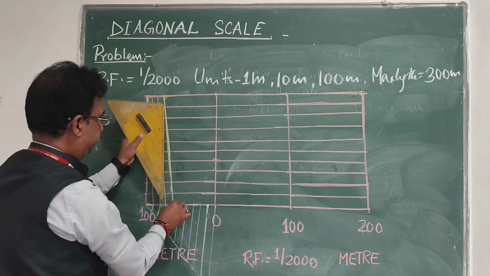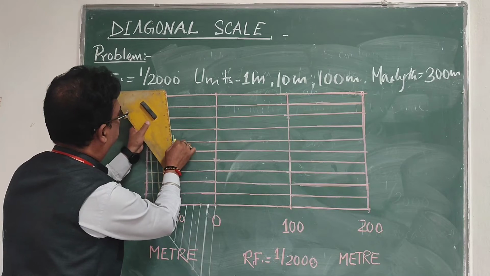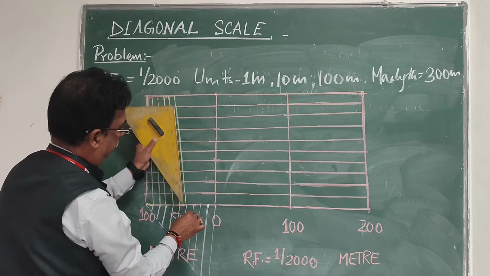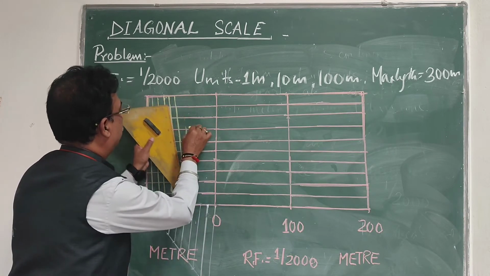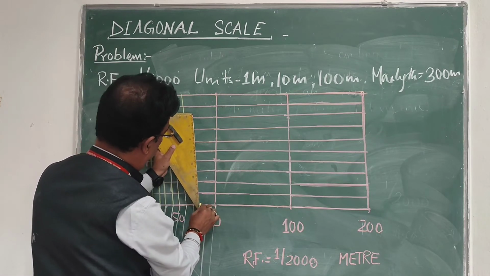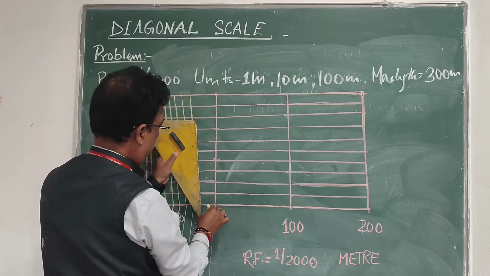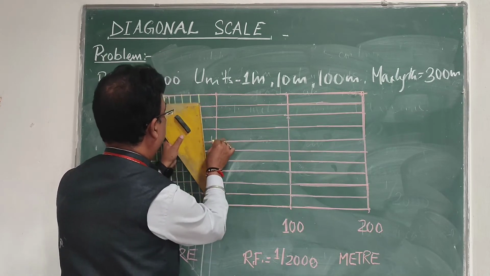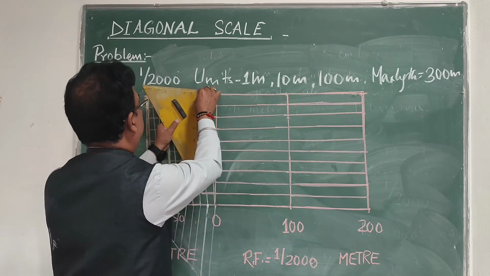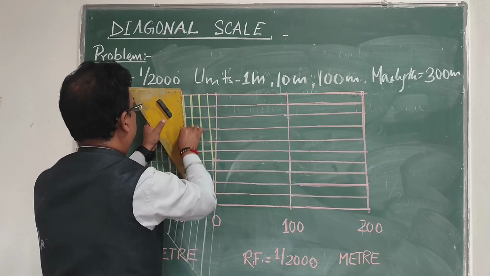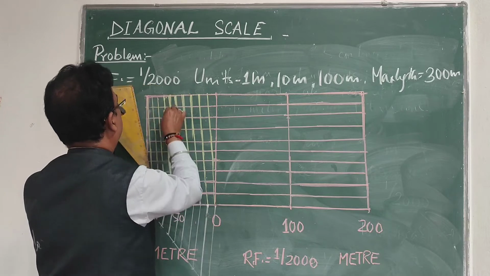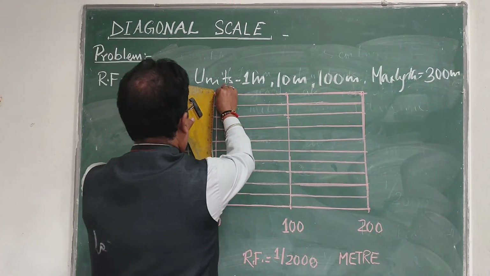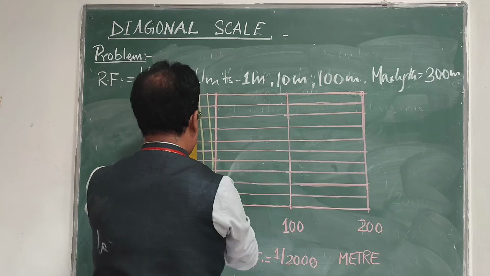So these lines are like this. So all these inclined lines are inclined lines.